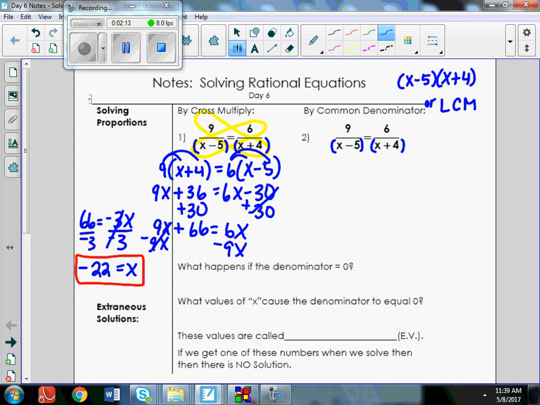So the first fraction has to be multiplied by x plus 4 so that it can have a common denominator. And the second fraction has to be multiplied by x minus 5. So now they have a common denominator of x plus 4 times x minus 5.